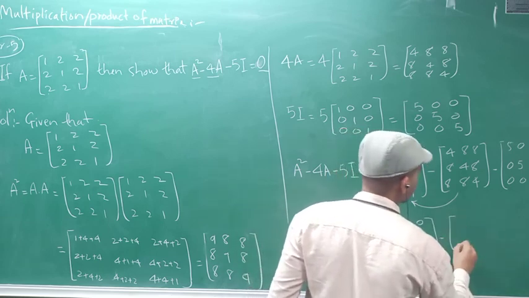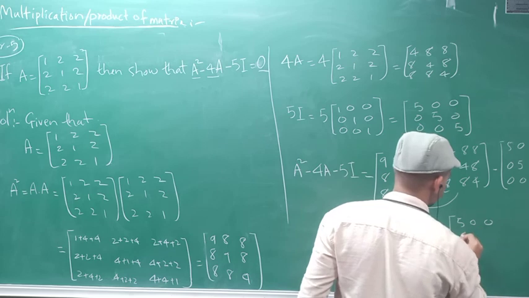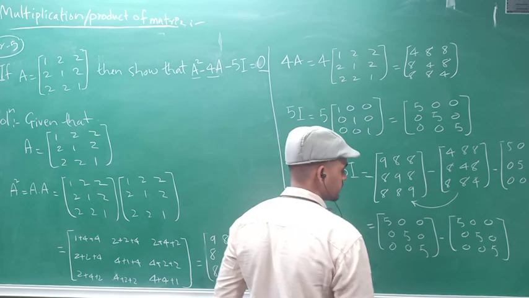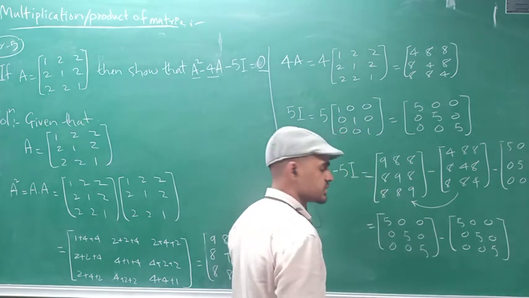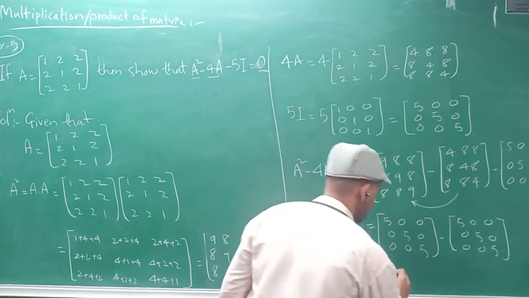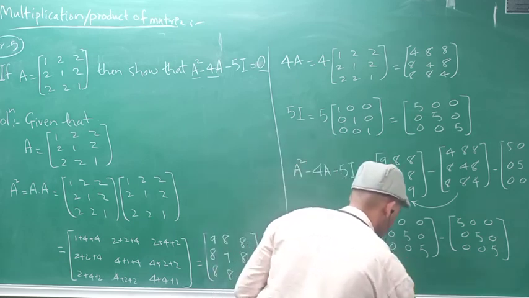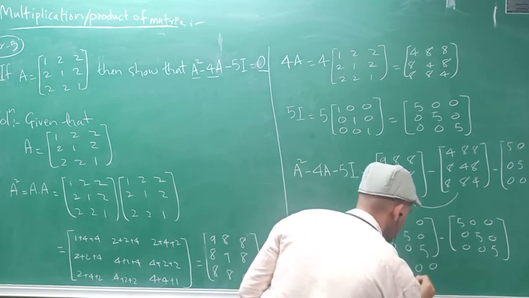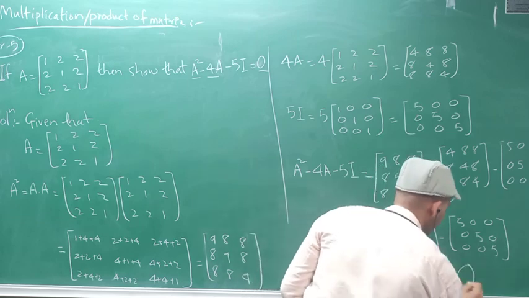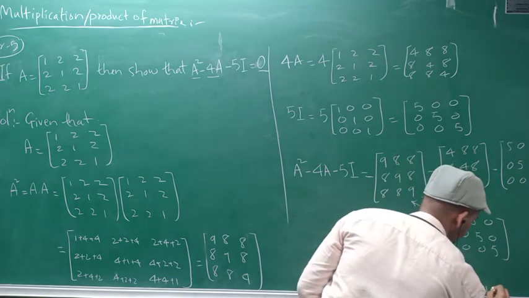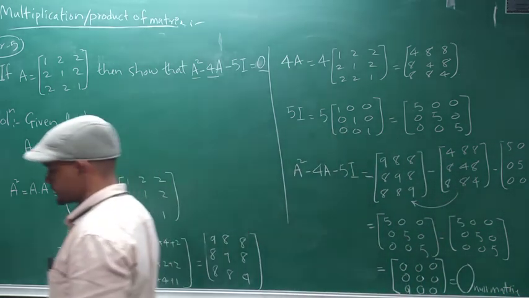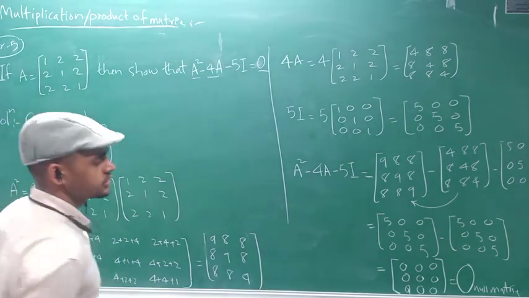Now I have here 5, 0, 0, 0, 5, 0, 0, 0, 5. These are the same matrix, so when subtracting the same matrix, I will get 0, 0, 0, 0, 0, 0, 0, 0, 0. That means the null matrix. So here we have done it, we got the zero matrix.